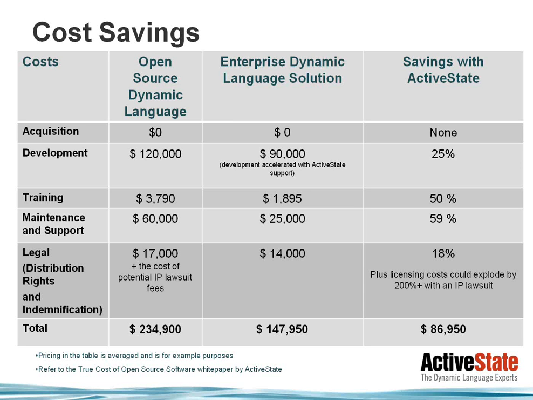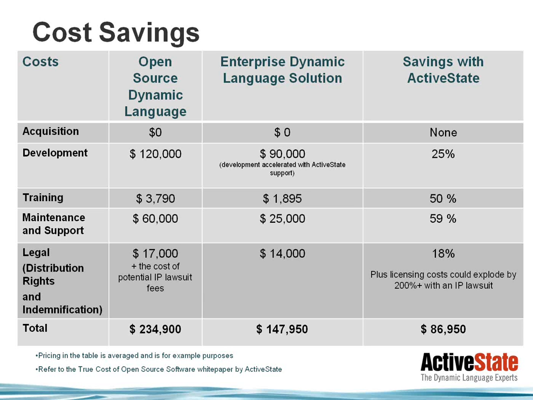What I'm going to take you through here on the far left-hand side of the table, you see the various stages of working with open source that were considered. The next column is the cost associated with going pure open source. The following column, sorry, is the cost dealing with ActiveState, and then finally your savings.